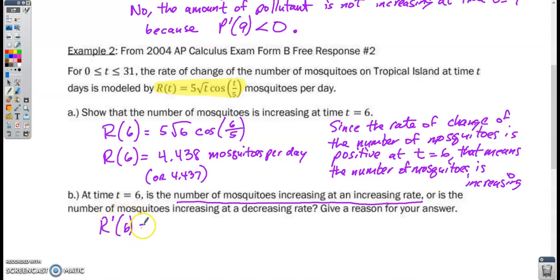Okay, now, I totally could take the derivative of this function using the rules that I know for taking derivatives by hand. However, since this is a calculator problem, I would never in a million years recommend that you take the derivative by hand. Whenever you have a calculator in your hand and they ask you to find the value of a derivative of something at a point, you should use that calculator.